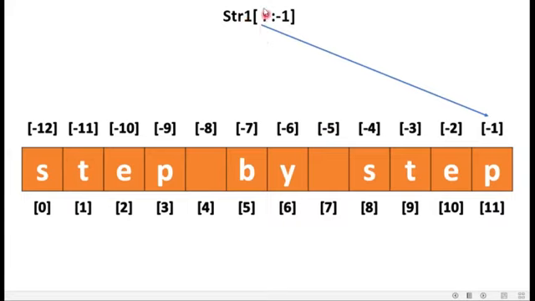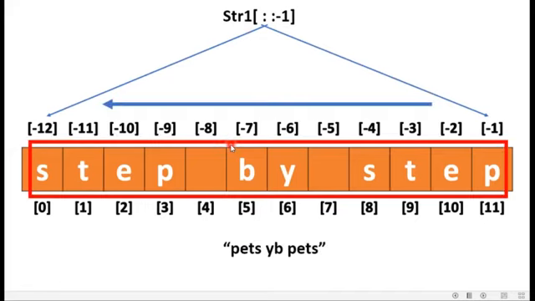So my starting index position will be considered as -1, not as 0. This is the difference here. And my ending index will be taken by default as -12, because this is the last index position according to my negative indexing. And the printing will take place from right to left.